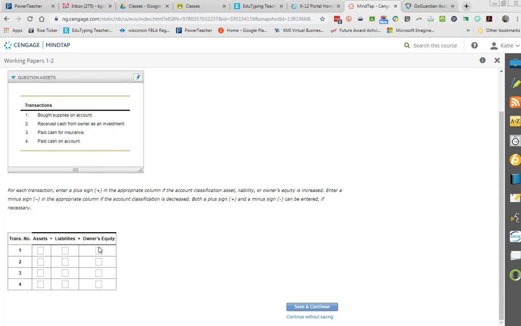Do we owe supplies? Does that make sense? Now, owner's equity only deals with the name of the owner. So is supplies the name of the owner? So what are we left with? Asset. Do we have more supplies or less supplies? More. So now, right here, under assets, put a plus.